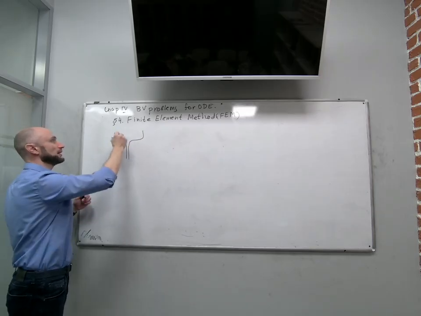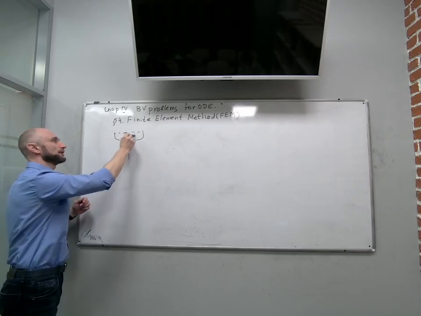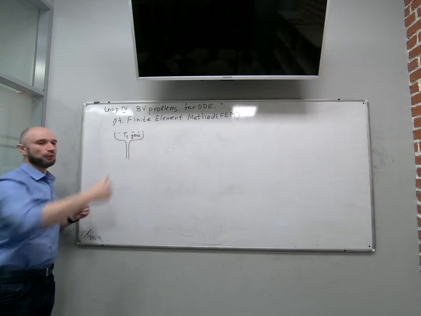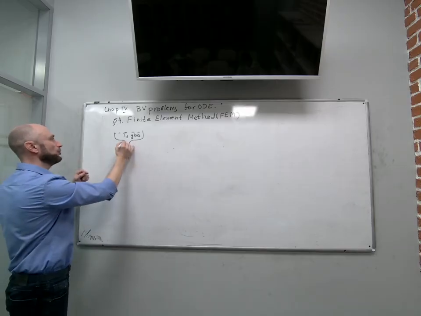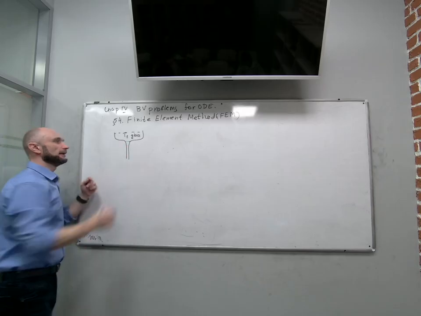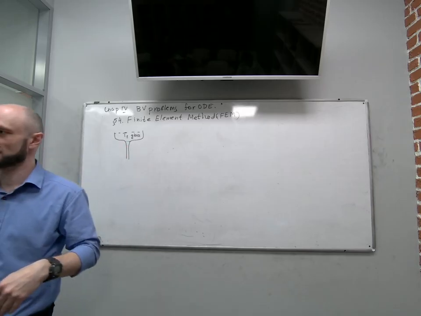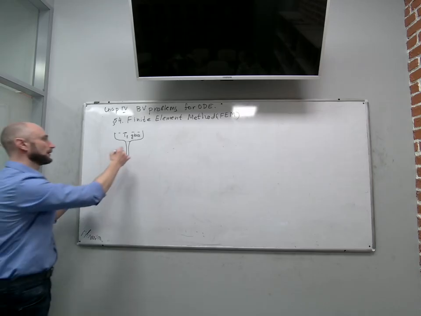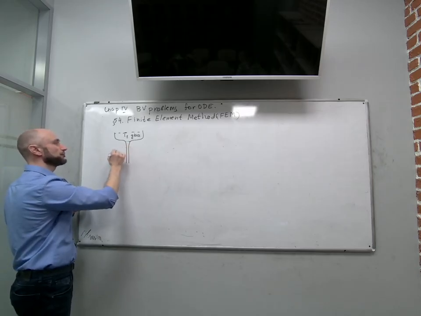We have a glass at temperature T1 poured in some bowl, and we have a small hole in this bowl from where the glass goes down. So we are interested to know the temperature distribution.